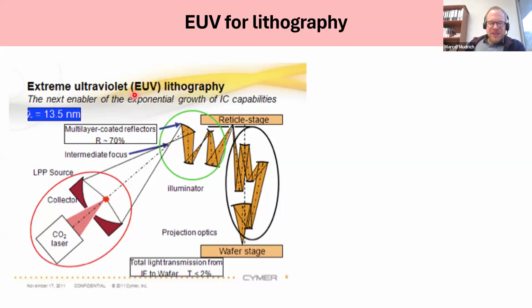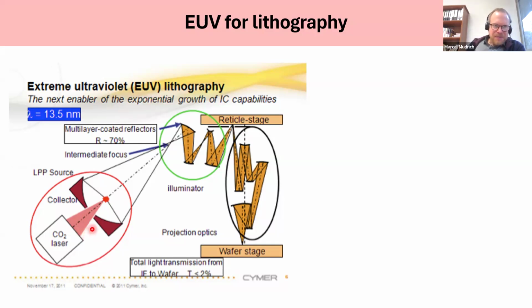There are only free electron lasers that get into this regime. But for industrial purposes, there is only one other way to produce this intense EUV radiation nowadays. And that is shown here.